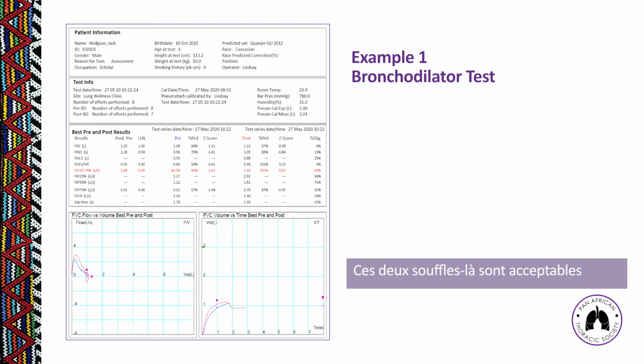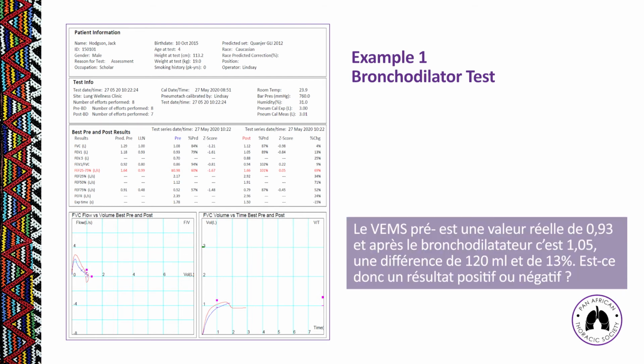Those two blows are acceptable. The FEV1 pre is an actual value of 0.93, and after the bronchodilator, it's 1.05. This is a difference of 120 mils and 13%.